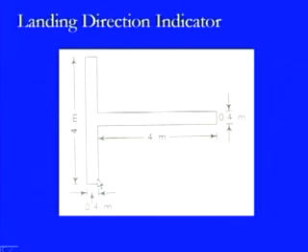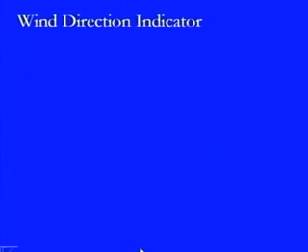The size of this T is defined here for a specific type of runway strip, and depending on the size of the runway strip there can be some modifications, but in general it is 4 meters long and 0.4 meter wide in this way. Similarly, this strip also is 0.4 meter wide, and this is again 4 meters. So, this is the type of landing direction indicator.